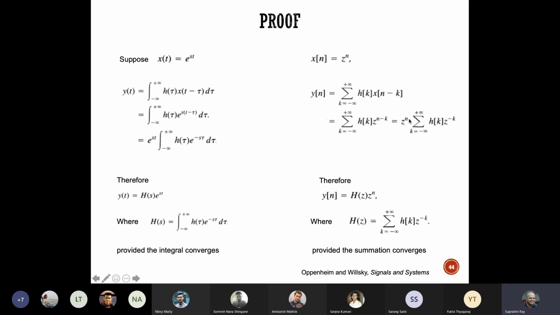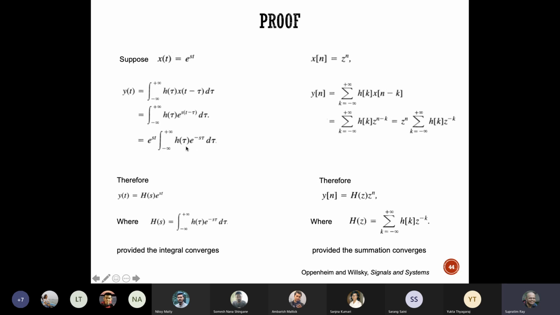Okay, so this is z to the power n times the integral of this. And therefore, as long as this exists, if this integral converges, the output is just e to the power st multiplied by this number H(s), where H(s) is given by this. I've just written this term here as H(s).